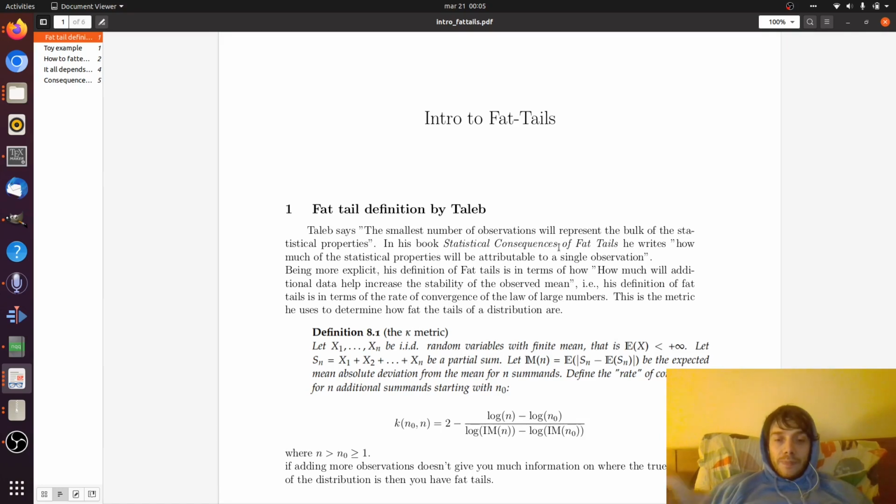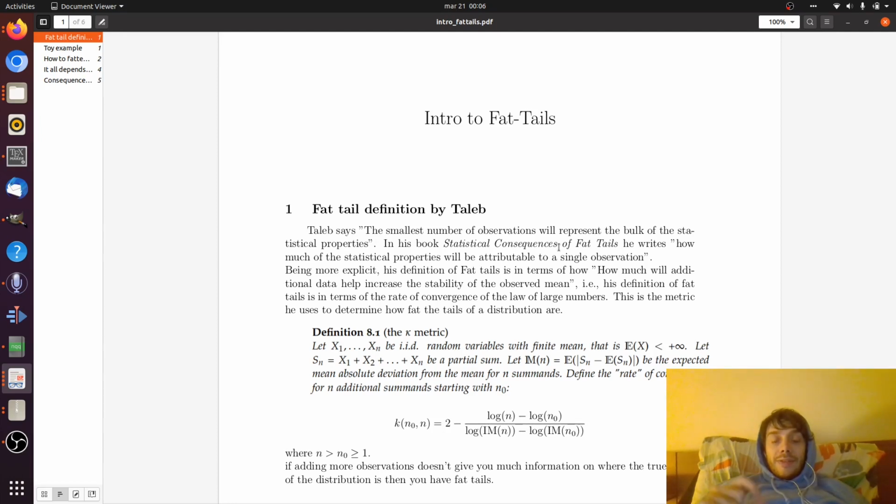Taleb proposes his definition that is very useful in applications. It has an applied scent to it.